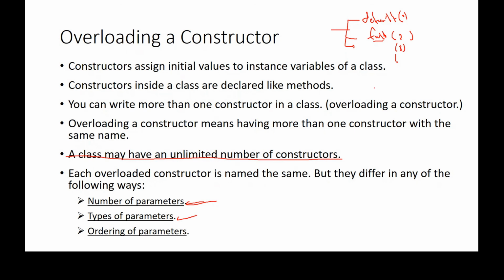You can change the data type inside here, because we're talking about the data when we do overloading. And you can change the order of the parameters. So instead of having integer and double, you can change it to double and integer. This is how we do the overloading for the constructors.